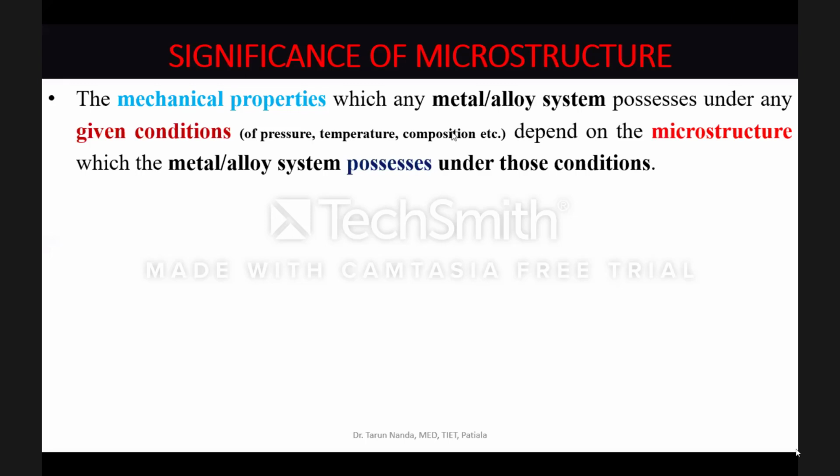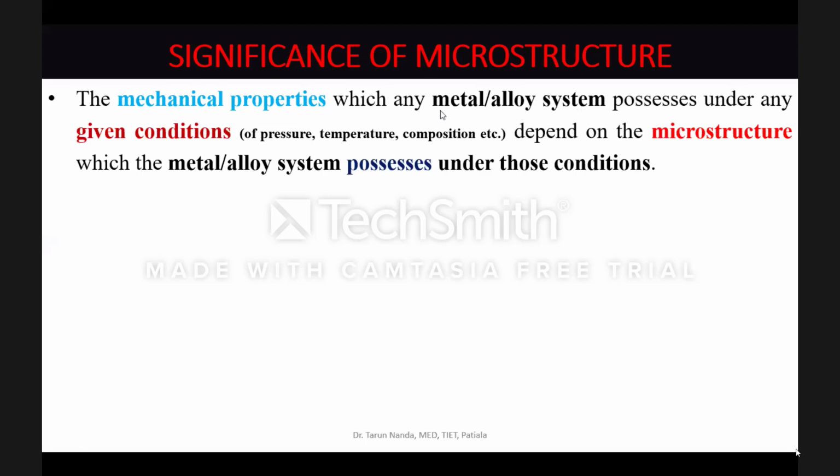So students, I was saying that whatever mechanical properties any material system is showing to you is showing because under those conditions your material system possesses some specific microstructure. So in today's session, we'll try to understand what is meant by this term called microstructure for a material system, especially for a metallic system.